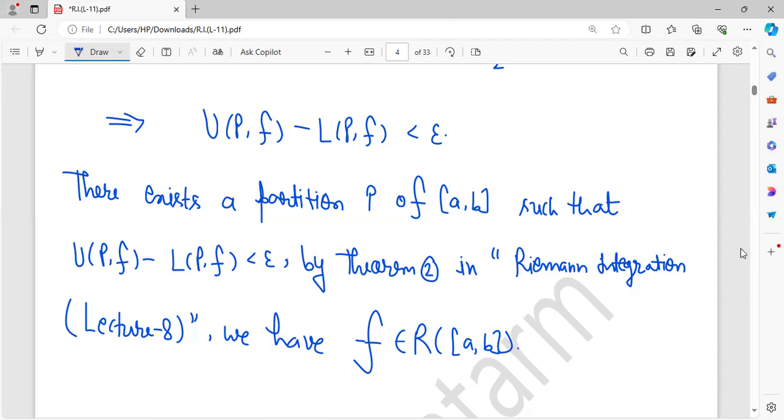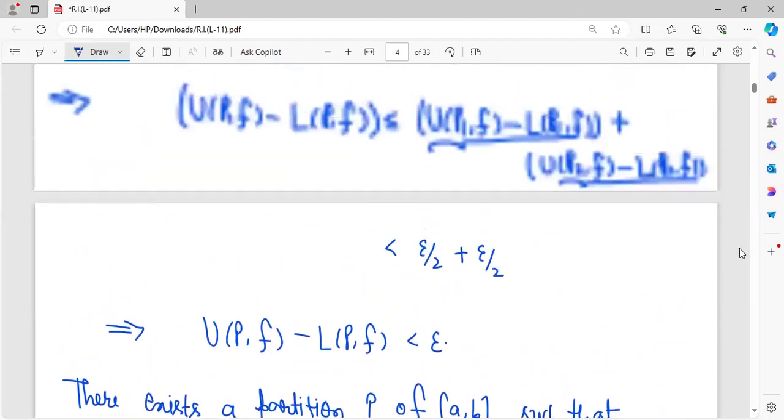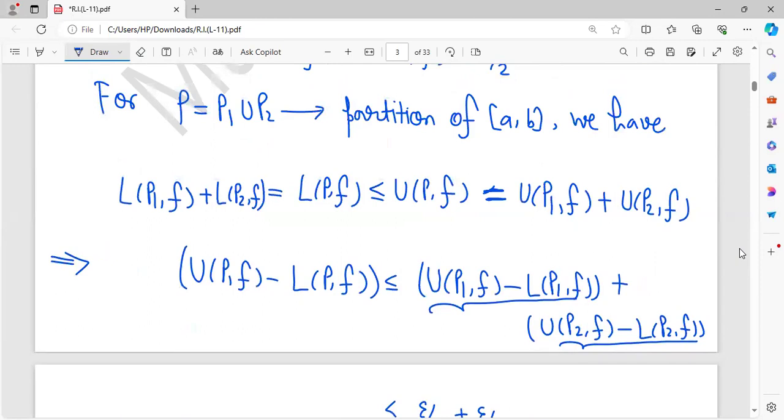Okay, so it is done. Now the integral part is remaining. So let's call this equation star.